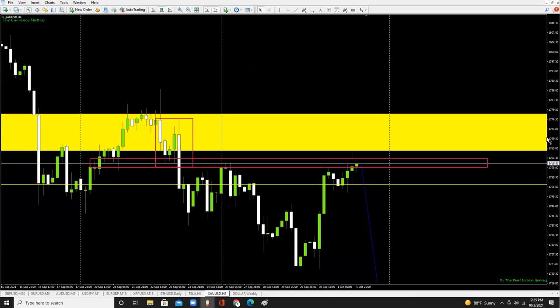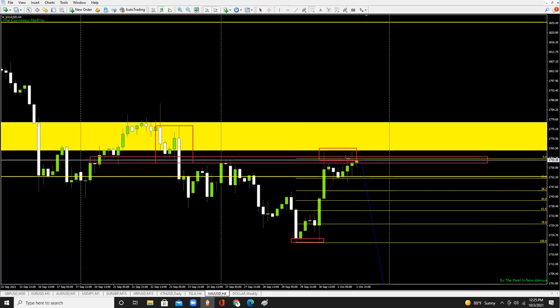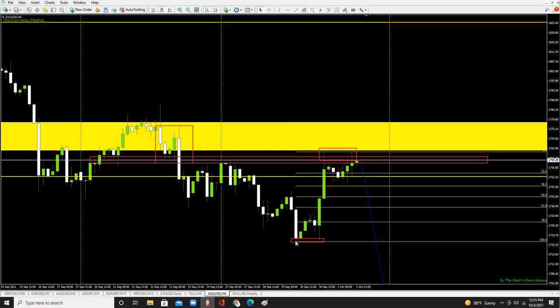Also, when you look at swing highs to swing low situation, we have a swing low and a swing high. So whenever you have a swing low and a swing high, that opens you up to being able to pull out your Fibonacci. And this is what we get. So we got the 0 to 100, a retest to the 100.